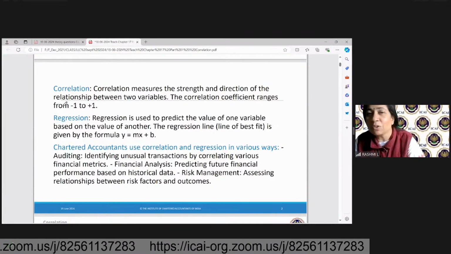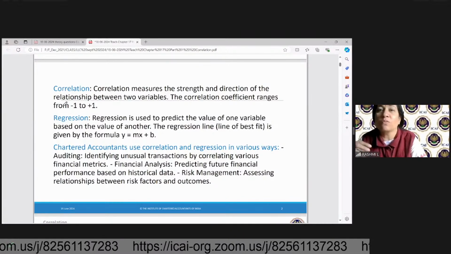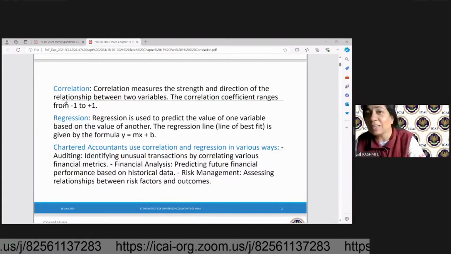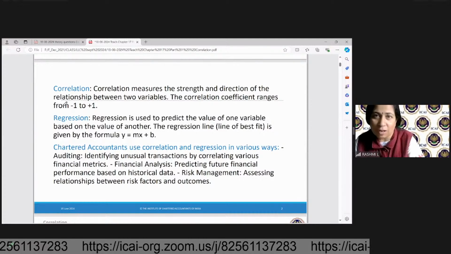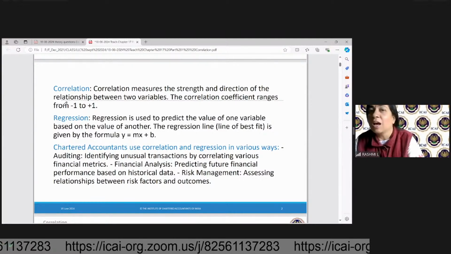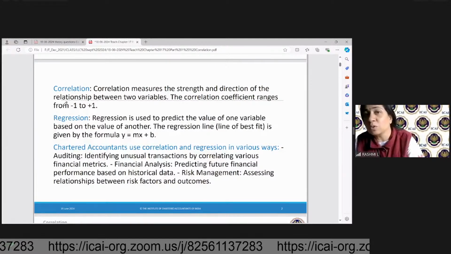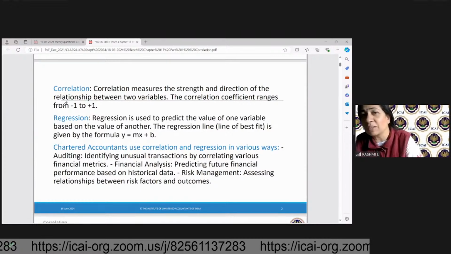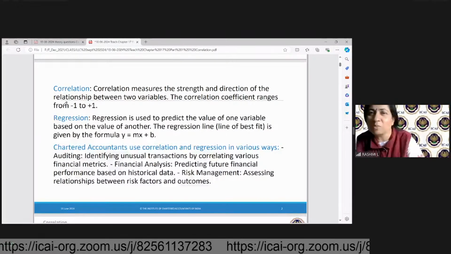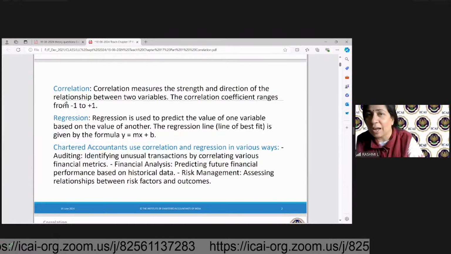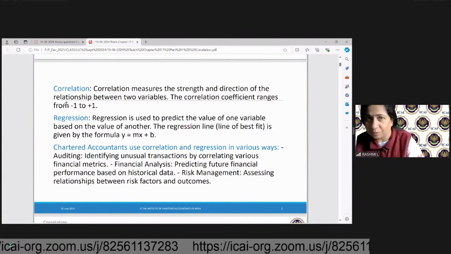So, when we want to see whether there is any relation between fast food and the weight of the person, and then how close that relation is, whether it is affecting a large amount or having a small impact.